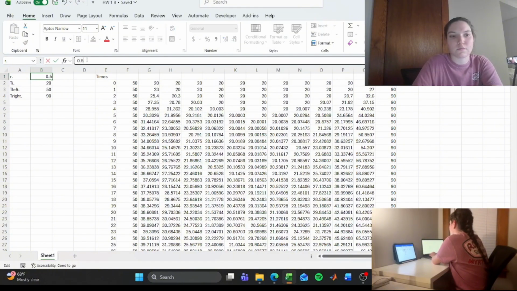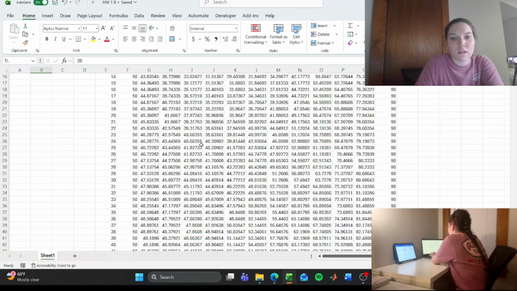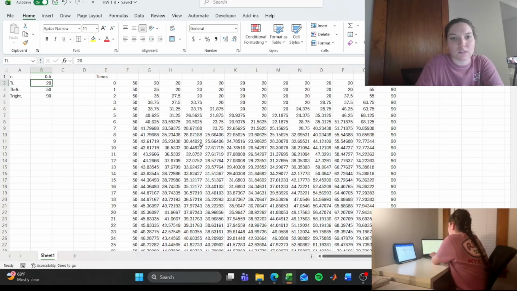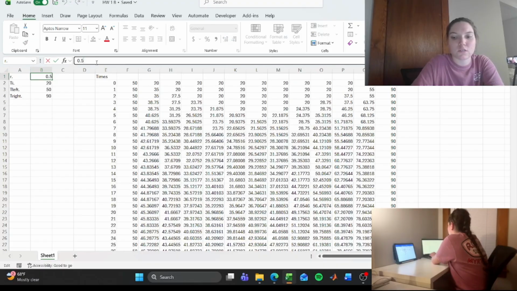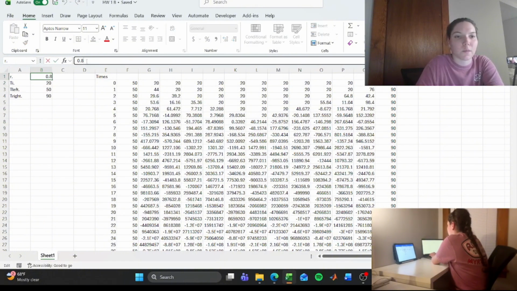So let's just show that. Here's 0.5, and everything still looks normal. Let's change this to 0.8. So here are the negative values. It has some calculation errors that make it negative.